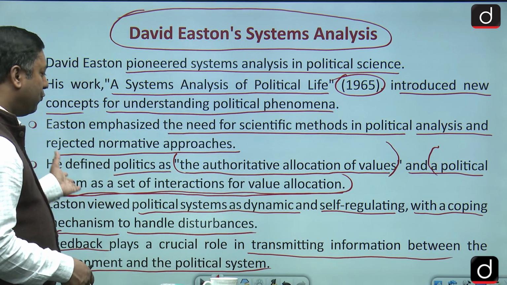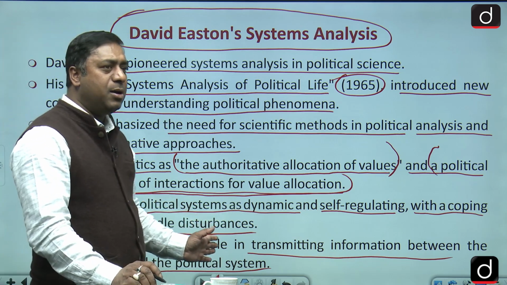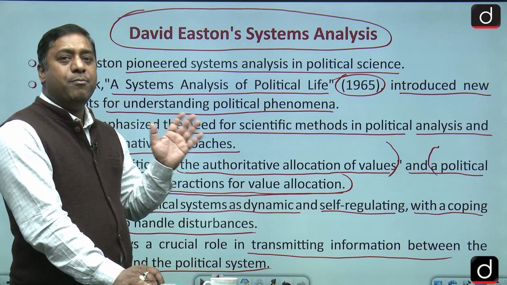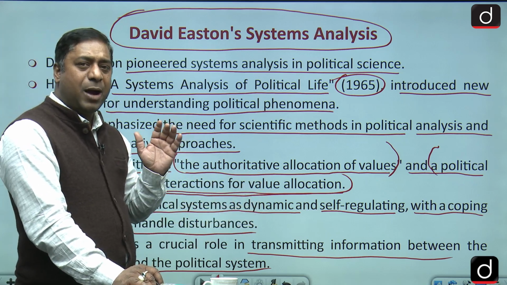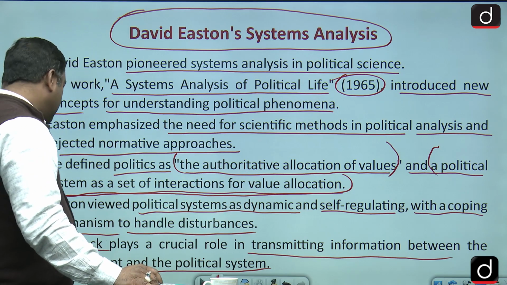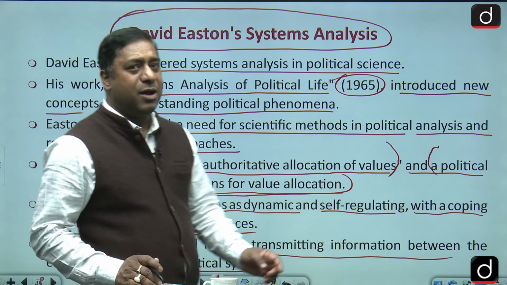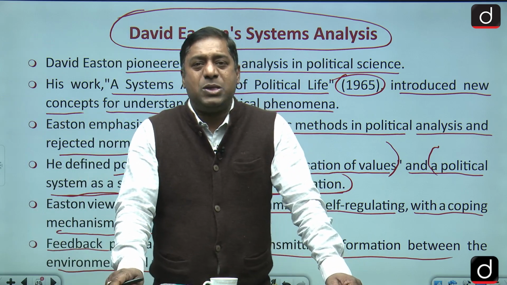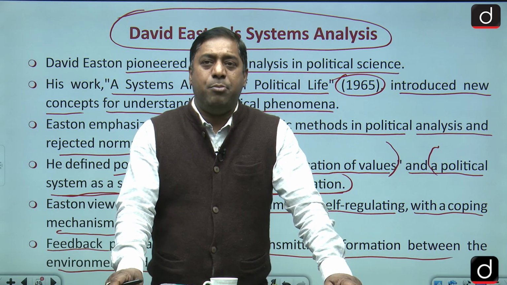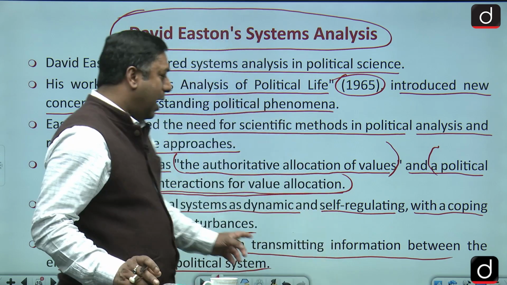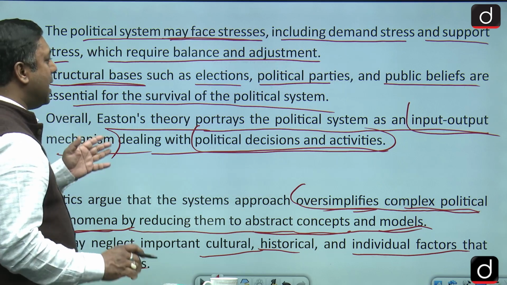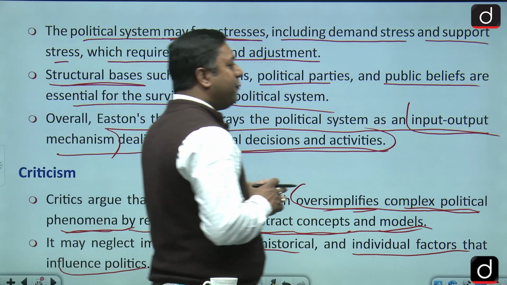Then he has viewed the political system as dynamic and self-regulating, with mechanisms by which whatever disturbances are there can be corrected. Plus he also says that feedback plays a very crucial role in transmitting information between the environment and the political system. And he says that the political system faces a lot of stresses.